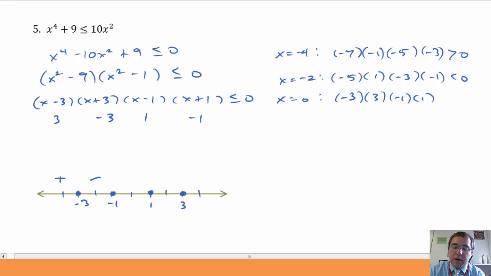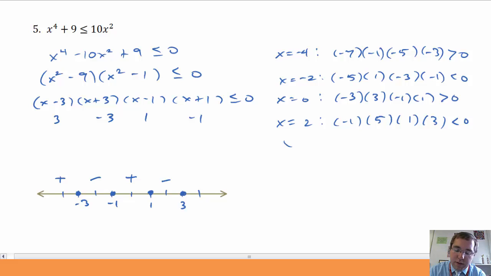Those are 2 positives and 2 negatives, which will all become positive then. So positive in between negative 1 and 1. At 2, which is between 1 and 3, we'll have negative 1 times 5 times 1 times 3. That's 3 positives and 1 negative, which keeps it negative.